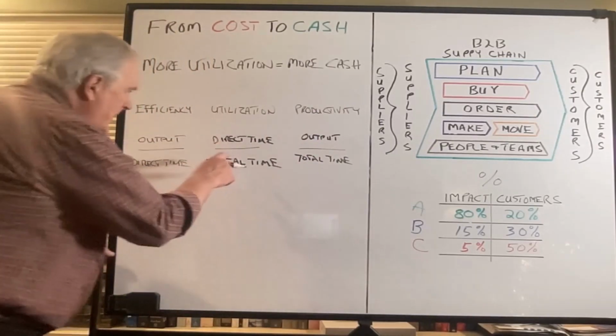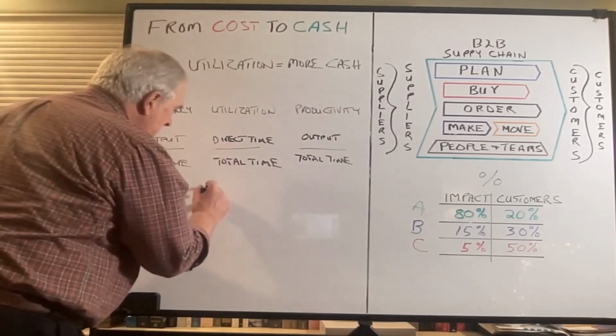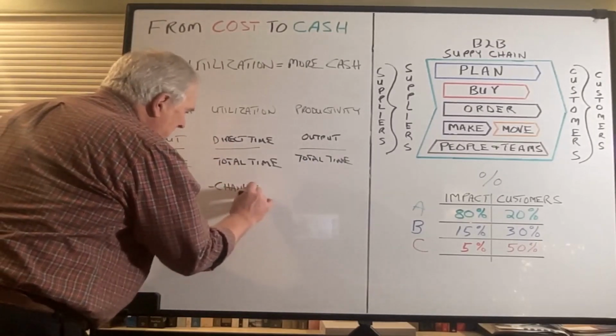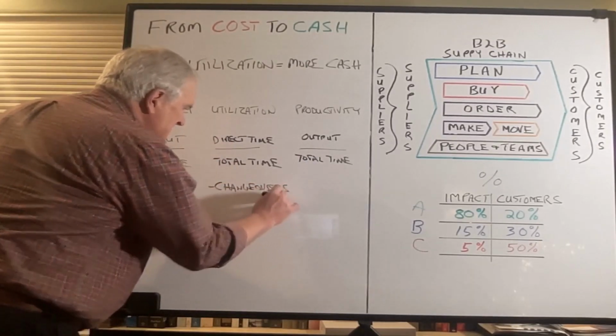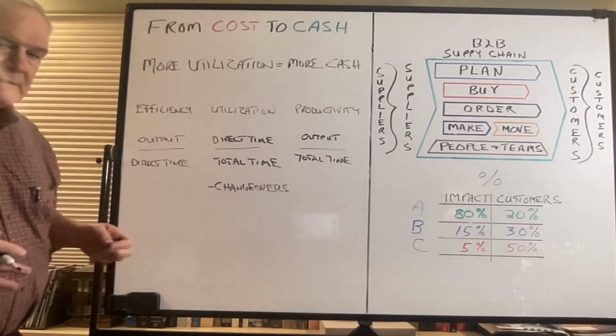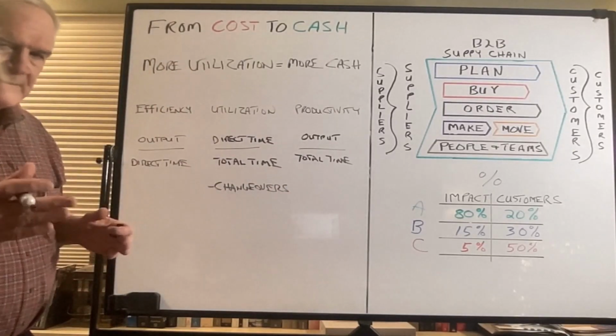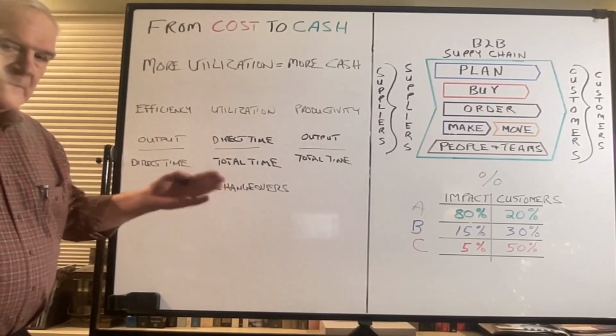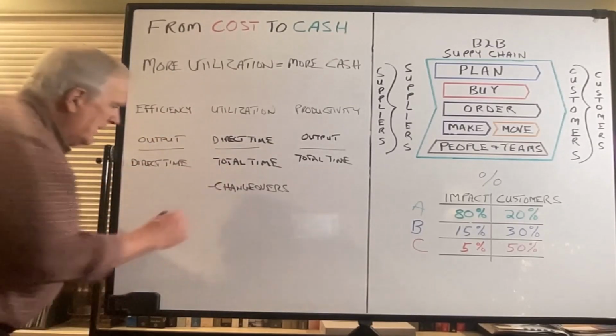And the things that take away from direct time, things like changeovers, going from one order to the next and all the adjustments and things that need to take place between the last good piece on the previous order and now we're up and running on good product on the next order.